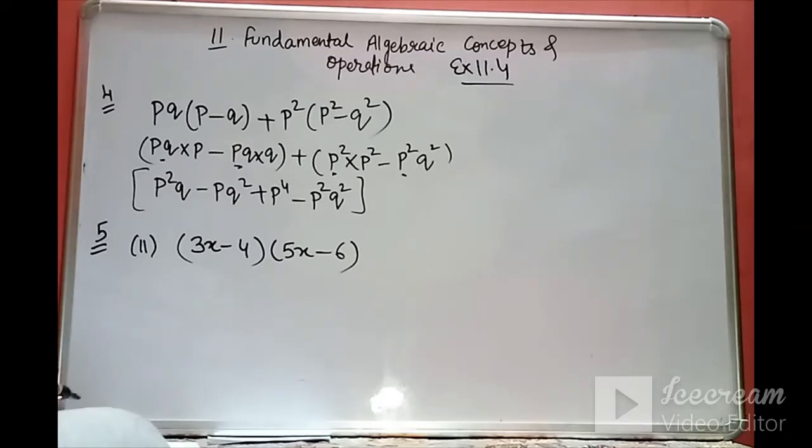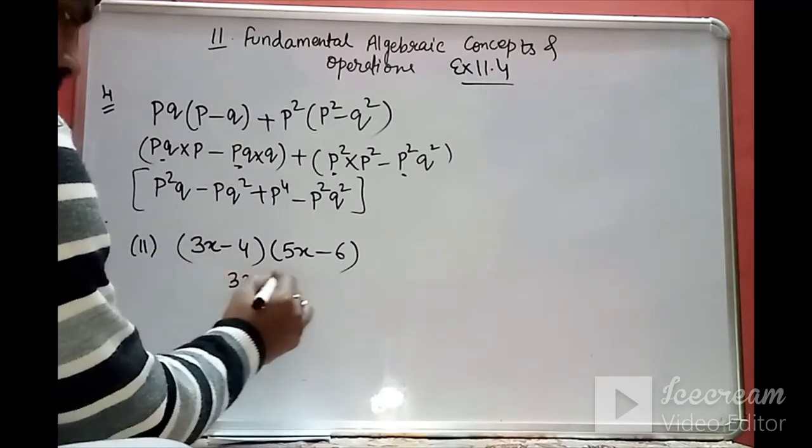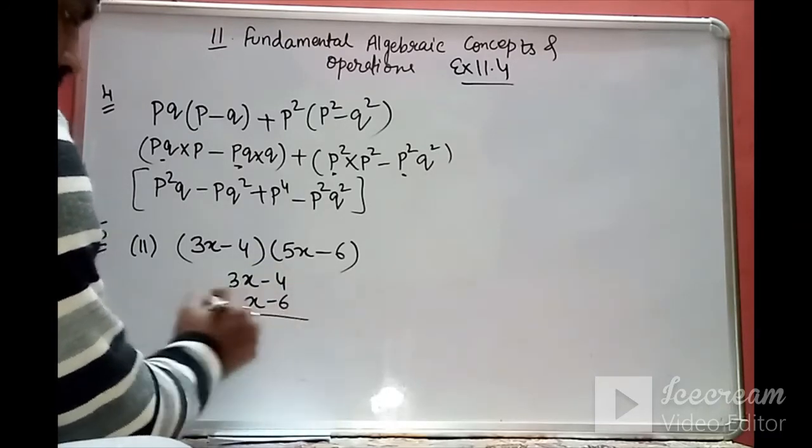Now we will use a few other concepts that we have studied. That is, whenever we add or subtract two algebraic expressions, we can only add or subtract the like expressions. So first use the column method, 3x minus 4, 5x minus 6.